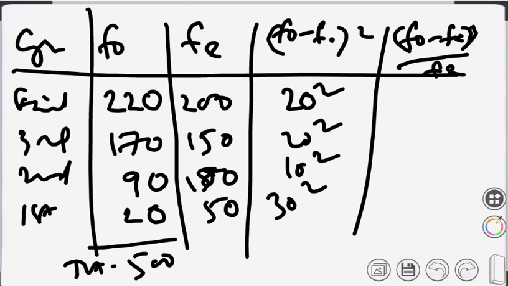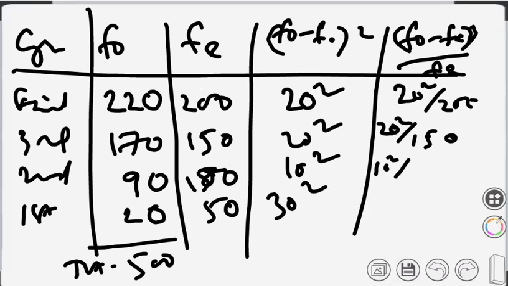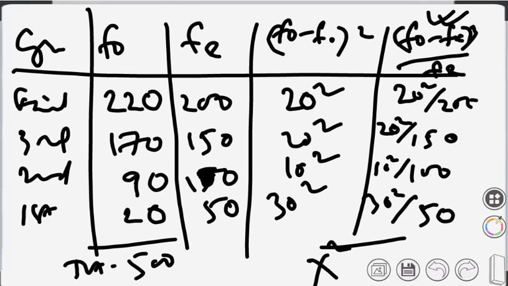So first one is 20 square by 200, second one is 20 square by 150, third one is 10 square by 100, and fourth one is 30 square by 50. And after you get these values, just add the last column.